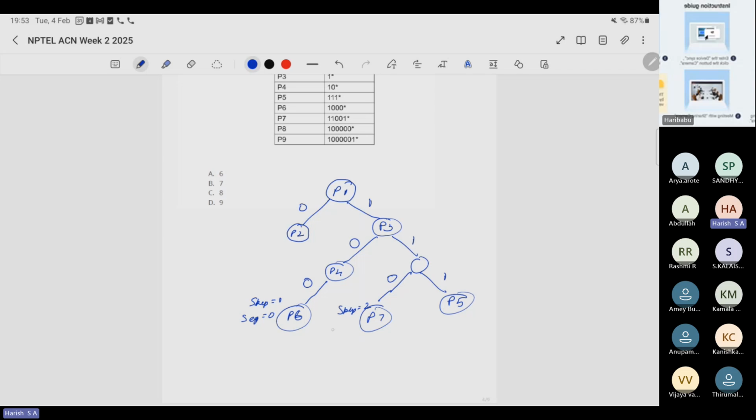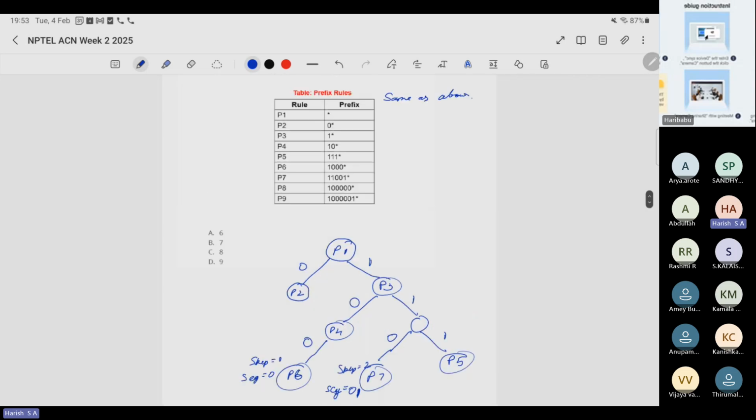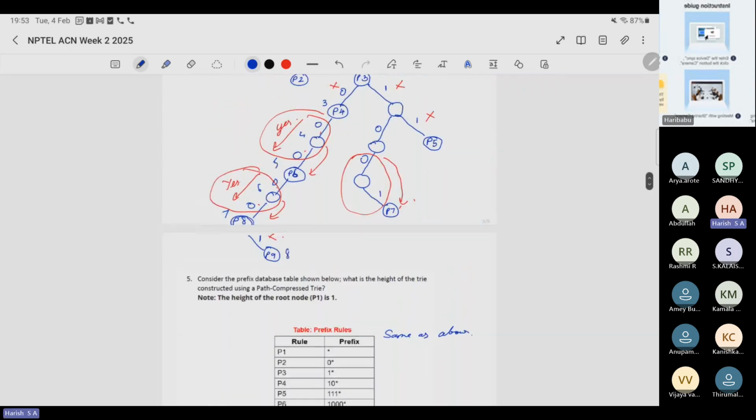And what am I skipping? The segment that I'm skipping is 0 and 1. So there's already a 0 here, and then I'm skipping 0 and then 1. So this becomes P7.